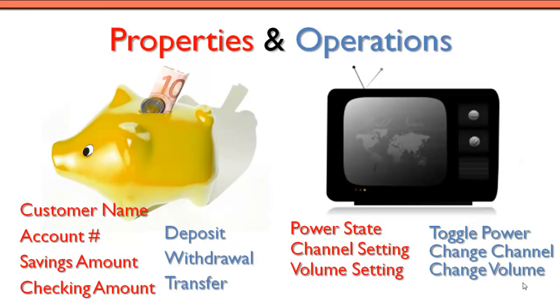These would allow us to actually manipulate and change the values associated with the properties or the state information. So if we move the channel up or down, that would actually change the state information of what channel we had. Or if the television set was currently on and we toggle the power off, that would be changing that state information. So these operations are actually working on or manipulating those state values.